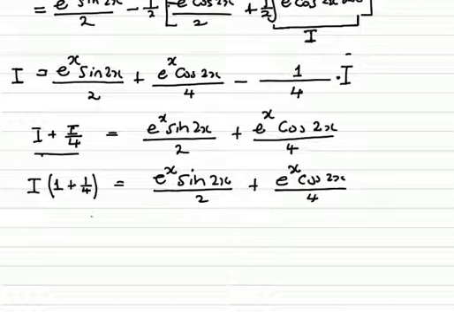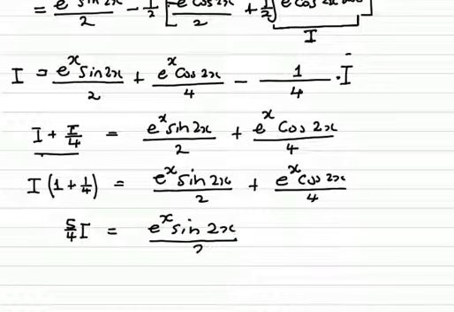Then this is basically 1/4 plus 4/4, which is 5/4. So we got 5 over 4 times I equals e power x sine 2x all over 2 plus e to the power x cosine 2x all over 4.